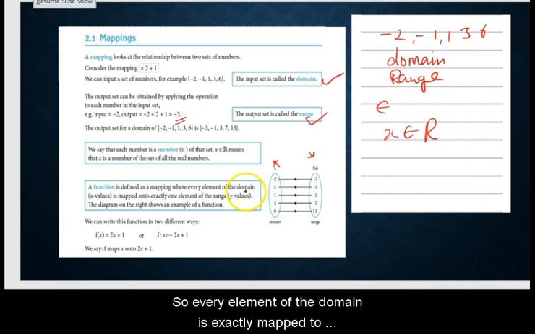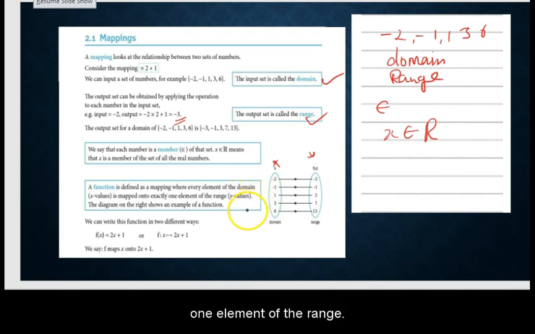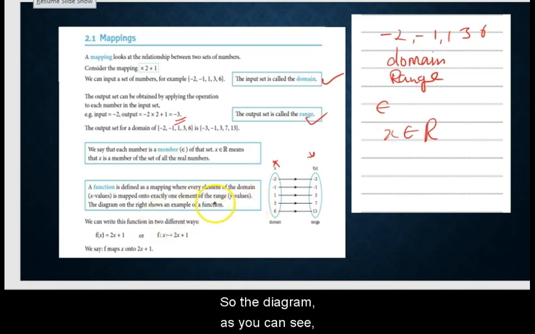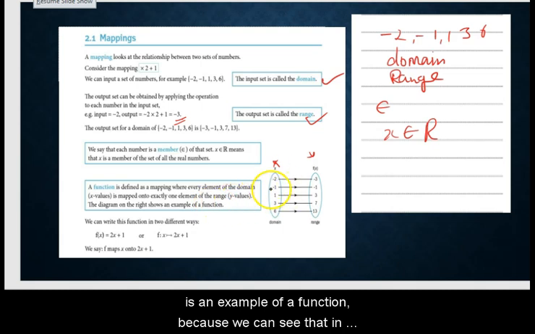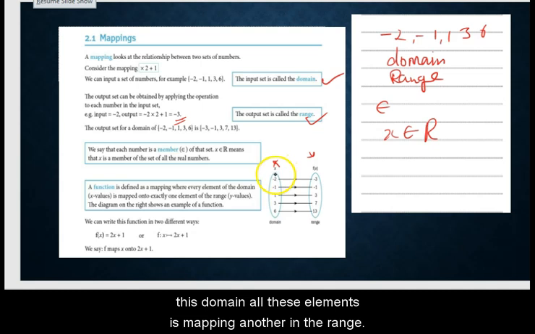So every element of the domain is exactly mapped to one element of the range. So the diagram, as you can see, is an example of a function, because we can see that in this domain, every element is mapped to another in the range.